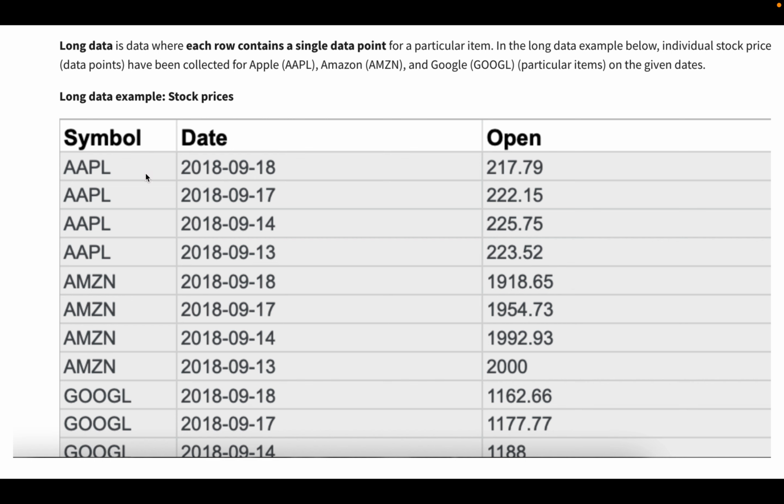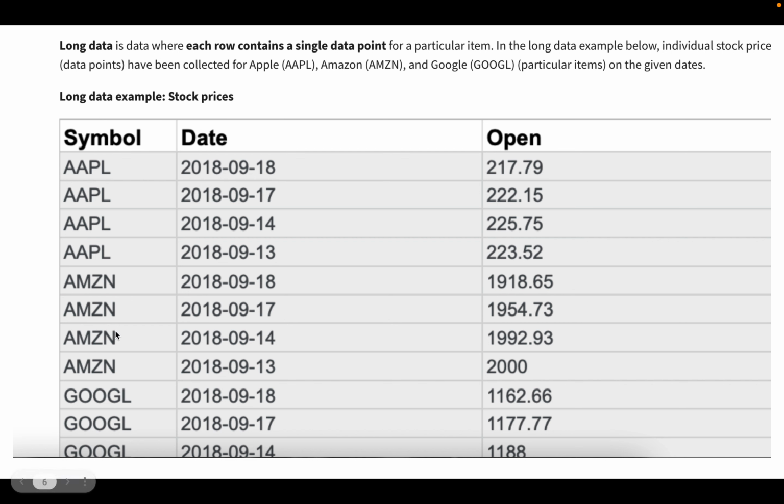If the name of a project like this repeatedly appears in a column, that is to say, in this one column there are several same projects, like AAPL 4 times, Amazon 4 times, Google. They appear repeatedly in one column.